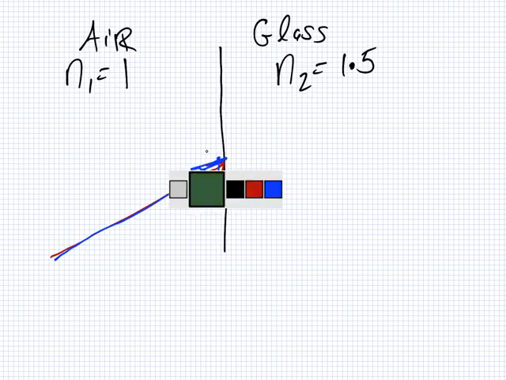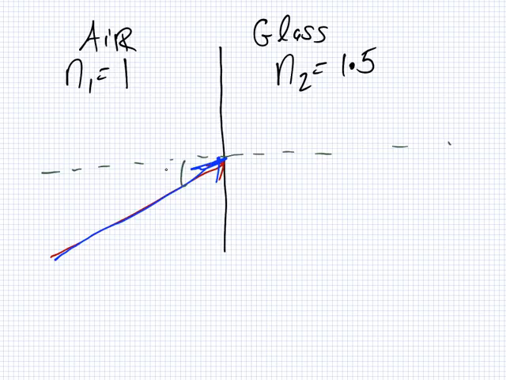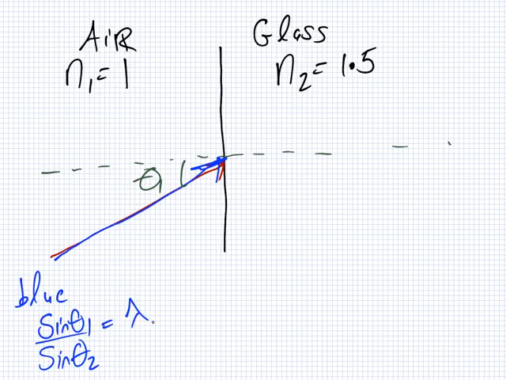Now, these have theta 1. So let's have a look at what happens with the blue light. You have sine theta 1 over sine theta 2 equals lambda 1 over lambda 2.